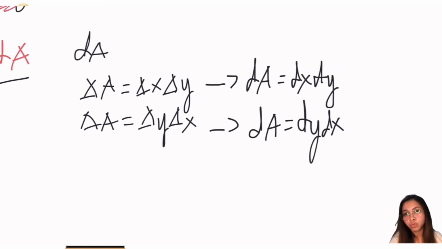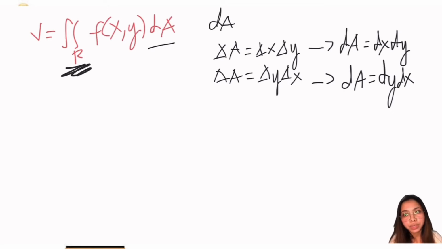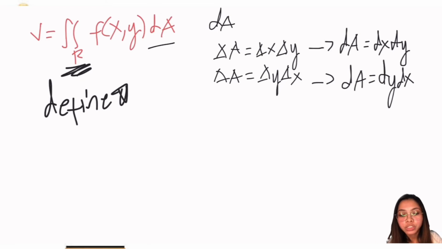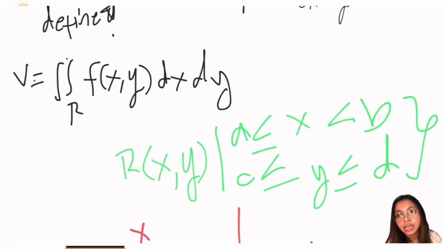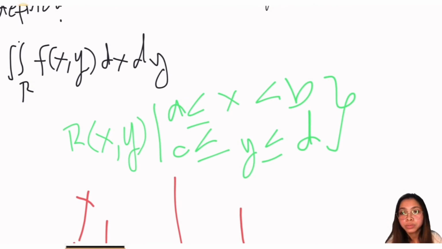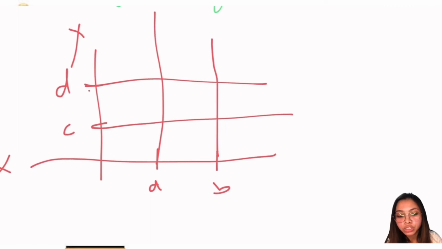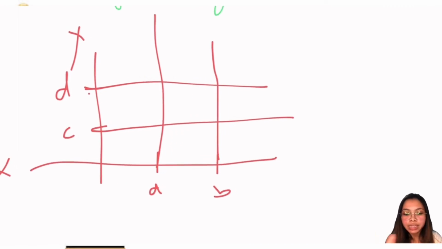So in this equation, R should be defined. This means that for rectangular regions, x is bound by constants. If I have a rectangular region on the xy plane, then it has to be bounded by constants. This is what it looks like.